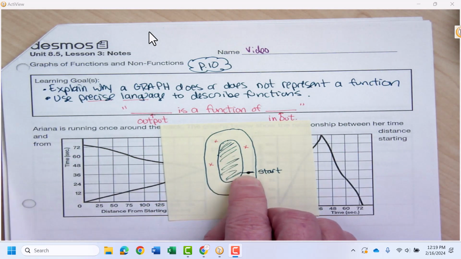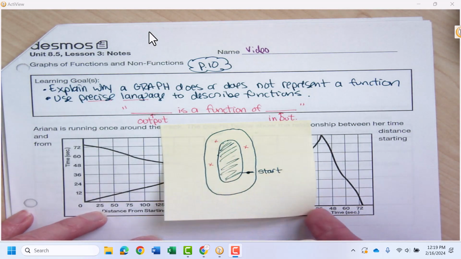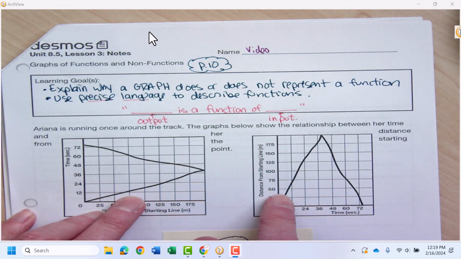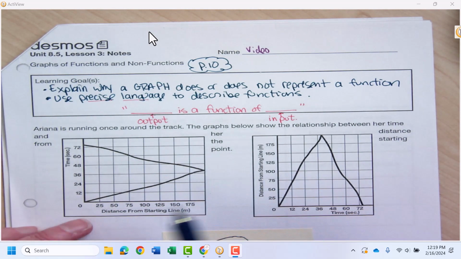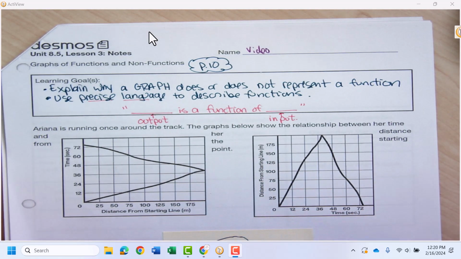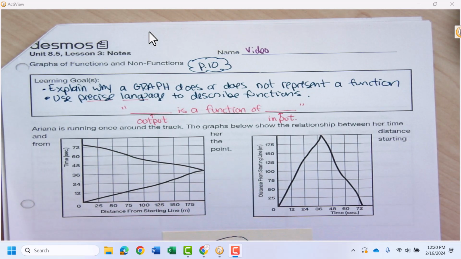How far is she cutting across the track for any place that she's at as she's running around? Let me put this down here. That's what these graphs are representing. So in our first graph, it looks like the inputs are always x.